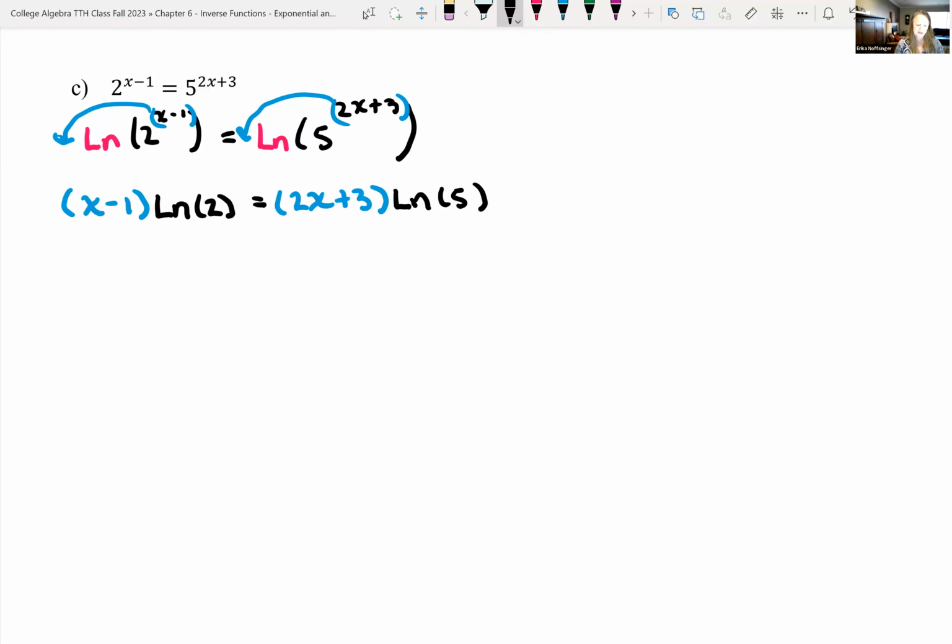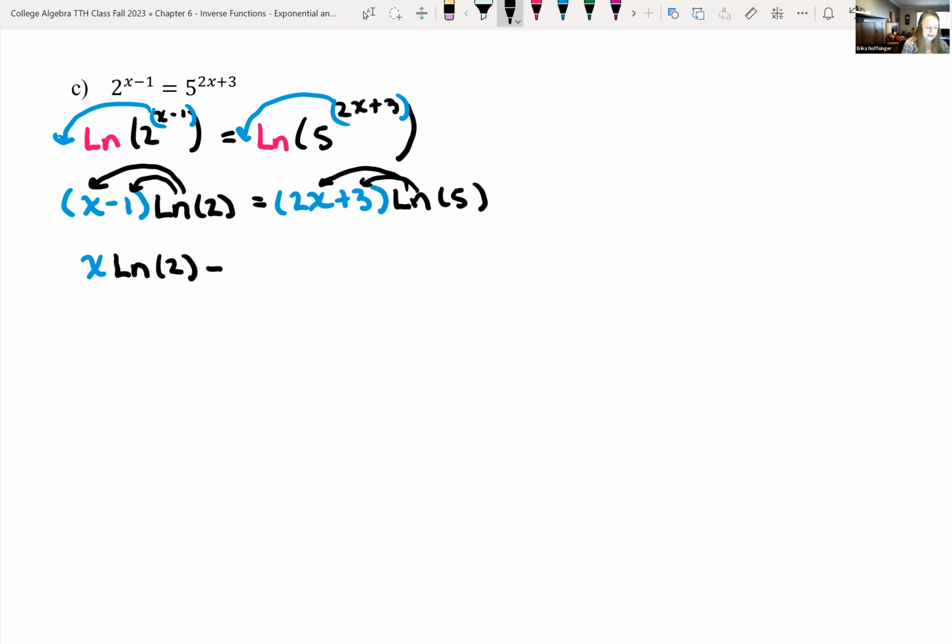So the natural log of 2 and the natural log of 5, those are just coefficients. They're just some number. And so let's multiply. Let's distribute our natural logs inside the parentheses. So doing so, I would have x times the natural log of 2. I'm going to keep the x out front just so that there's no confusion that that x is not part of that log.